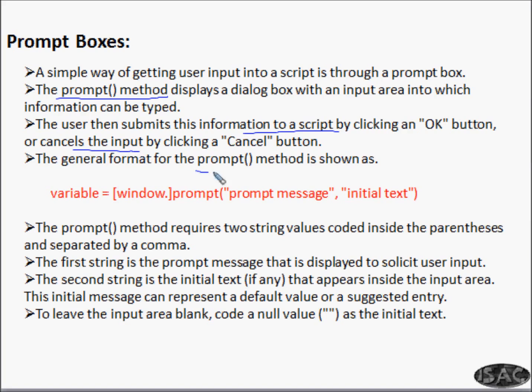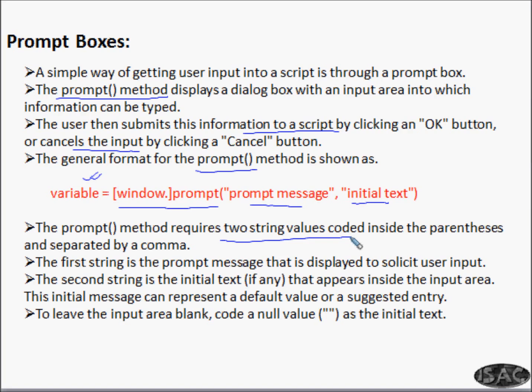For the prompt method, you can write window.prompt or simply prompt. You pass the message, and whatever values are entered will be stored in a variable. The prompt method requires two string values enclosed inside the parenthesis and separated by a comma.